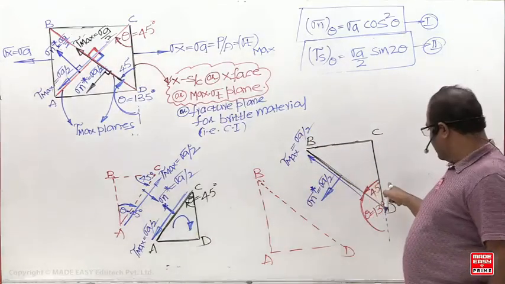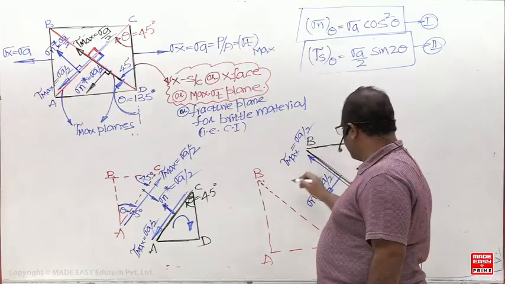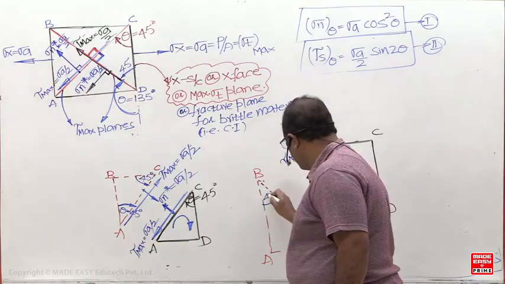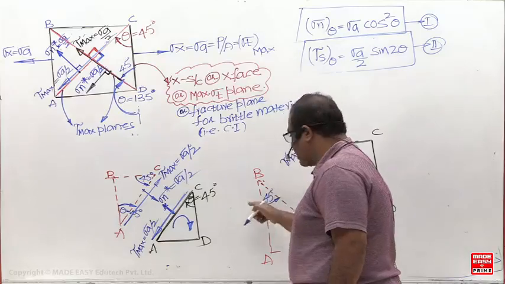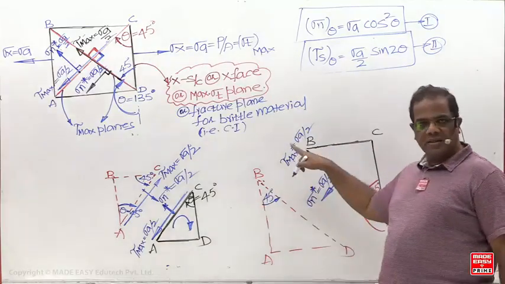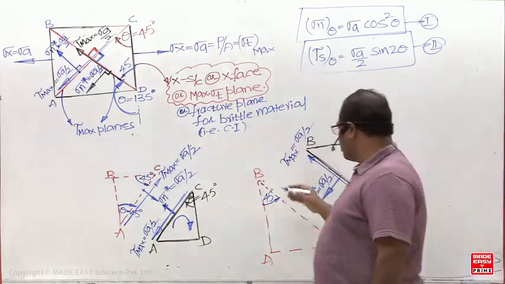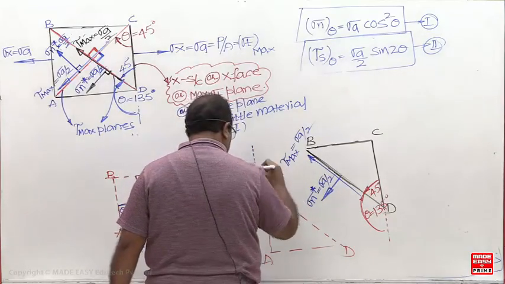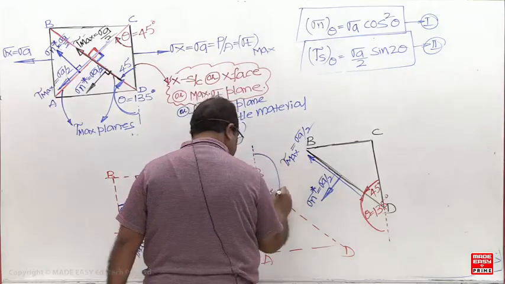Now check: this is 45, this is also 45, and this is also 45. In which direction now? Anti-clockwise. But you are measuring clockwise, so what are you going to get? So this is a clockwise.